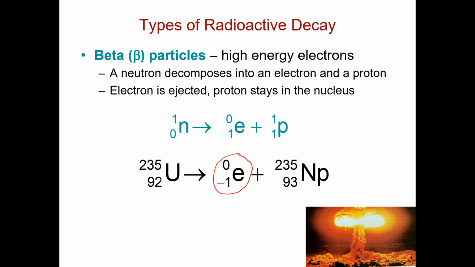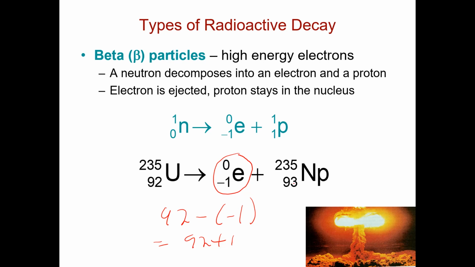So if we take a uranium atom, or uranium nucleus rather, and we eject a beta particle, 92 minus a negative 1. So in algebra, when we subtract a negative, we're essentially adding something. So 92 minus a negative 1 really becomes 92 plus 1.